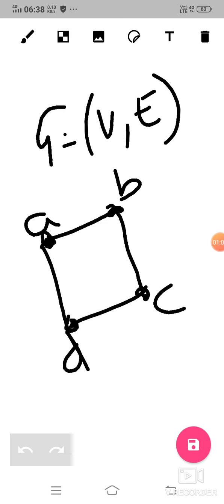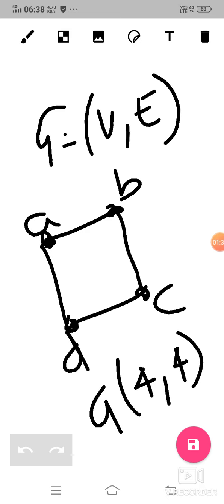So this example is a graph with 4 vertices and 4 edges. Is it clear? A graph is an ordered pair of vertices and edges, right? So this example is a graph of 4, 4. That is, this graph consists of 4 vertices and 4 edges.